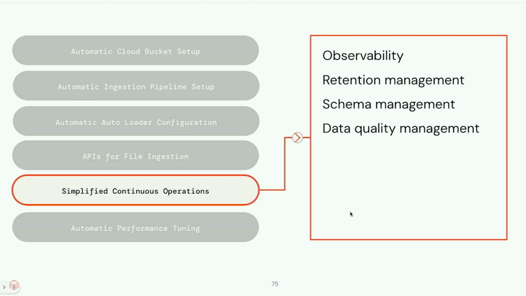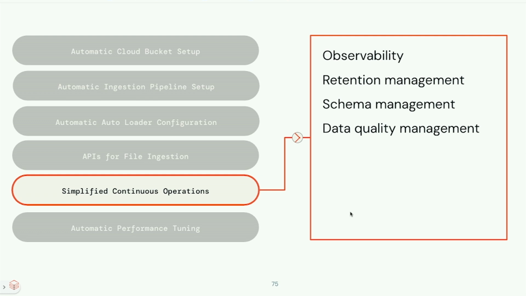You have to figure out what your operational workflows are and how to run Auto Loader in production. With the managed connector, because we are going to be responsible for Auto Loader configuration, we have the ability to provide you a more seamless, more out-of-the-box experience for operating Auto Loader.